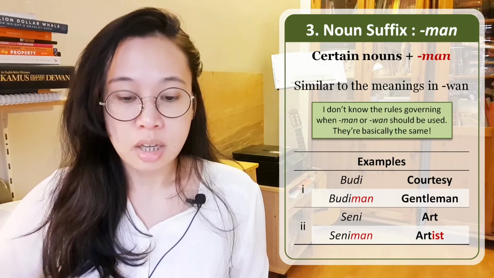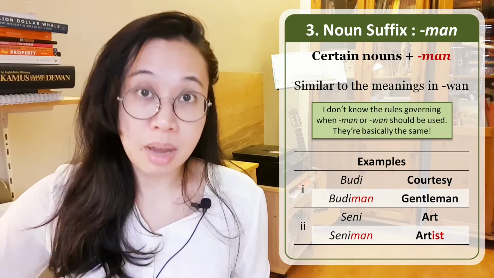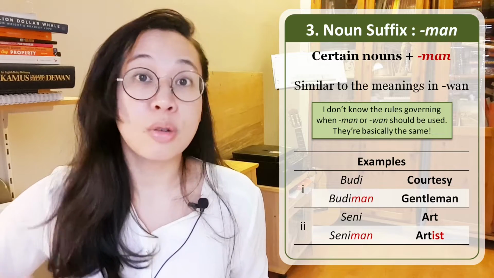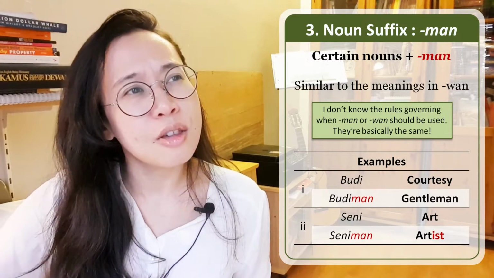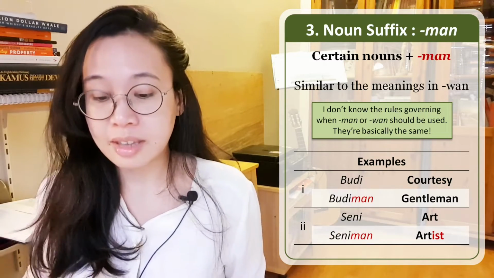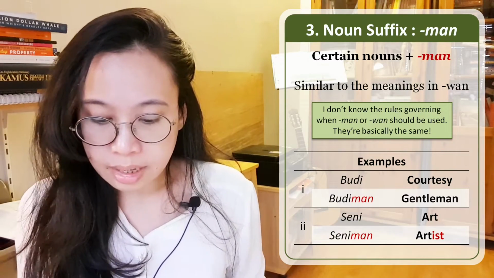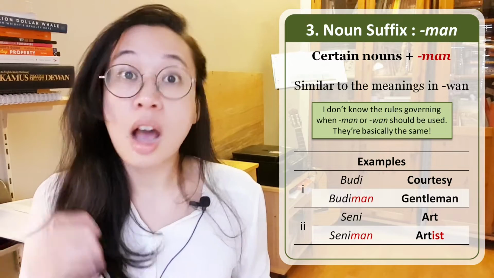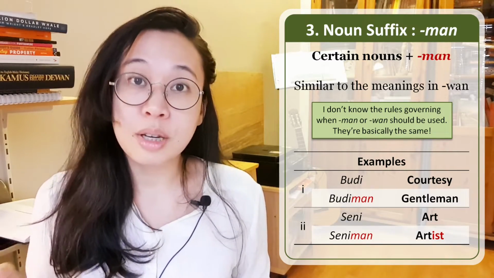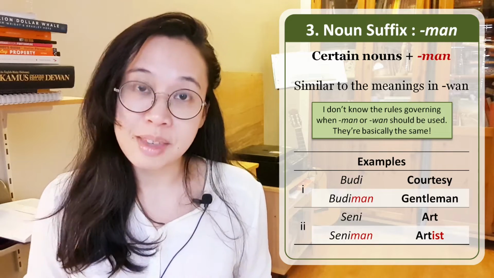That's budi. So if you say budiman, it means a person with good character and a person who is sensible. So basically in English, probably like a gentleman. Yeah, budiman, a gentleman. And seni means art. So seniman, an artist, a person or a member belonging to a field or subject.